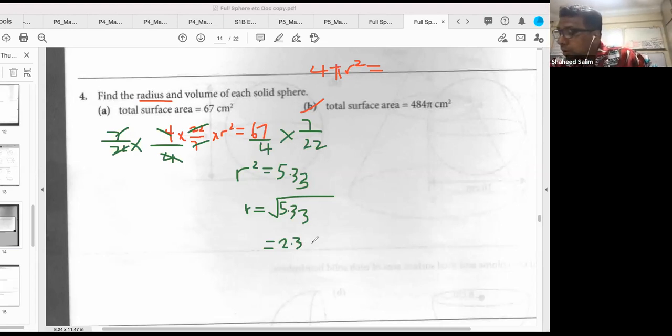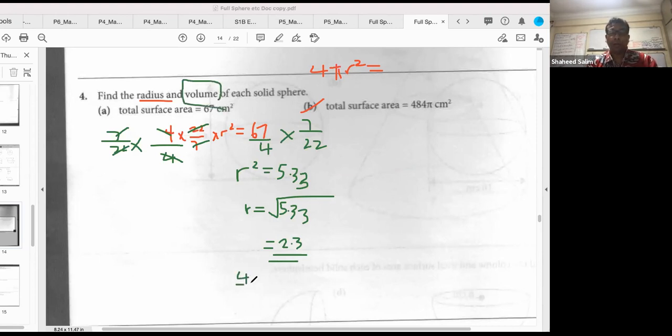Well done, Inshi. So from here now you are supposed to find the volume. Ryan, 4 over 3, you must memorize all this, times pi r cube. Just put in the values. 4 divided by 3 times 22 over 7 times 2.3 cube. Okay, hold on.